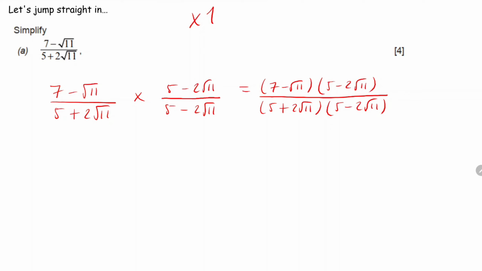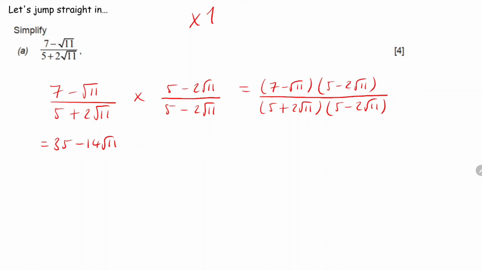And then it's going to be a simple double bracket expansion on the top and the bottom. So let's do the top first. 7 times by 5 gives us 35. We multiply the outside, so 7 times by minus 2 root 11, which becomes minus 14 root 11.